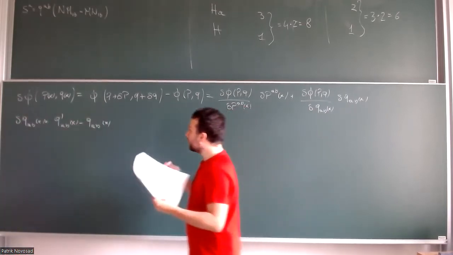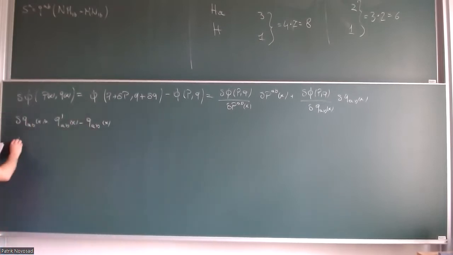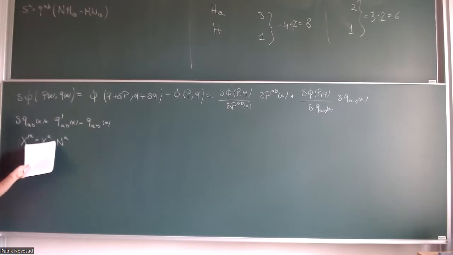We make an infinitesimal transformation of the coordinates, so that we have x'^a defined as x^a plus n^a, where n^a is exactly our shift vector, and we take it to be infinitesimal. I could also add some epsilon here, but I just want to consider this to be a very small displacement.